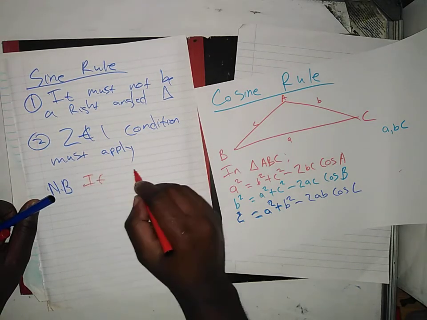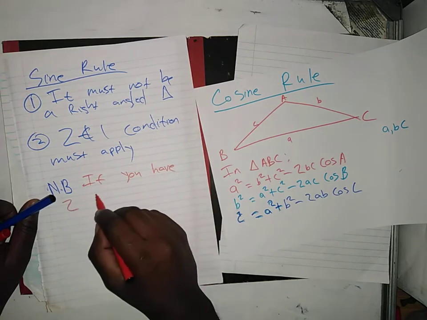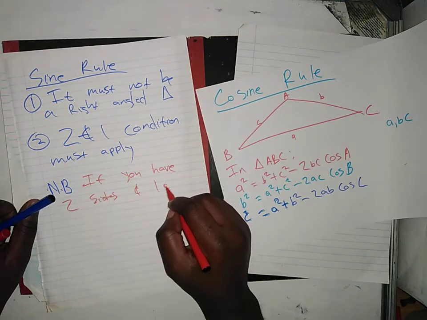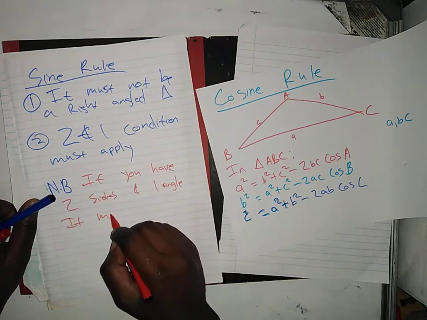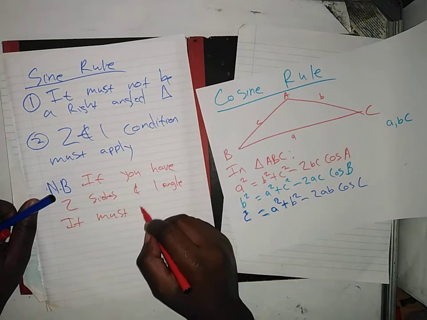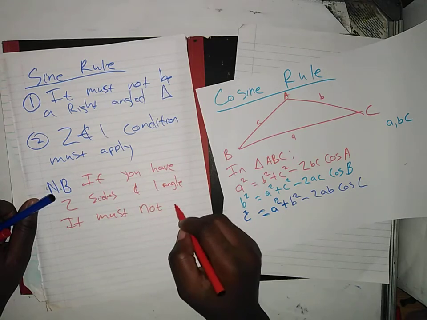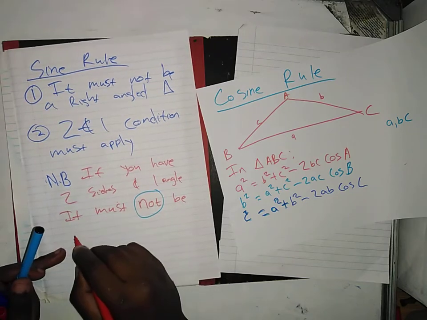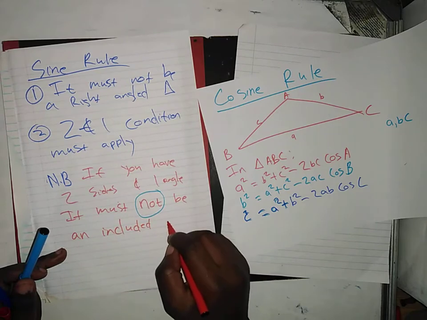If you have two sides and one angle, it must not be an included angle.